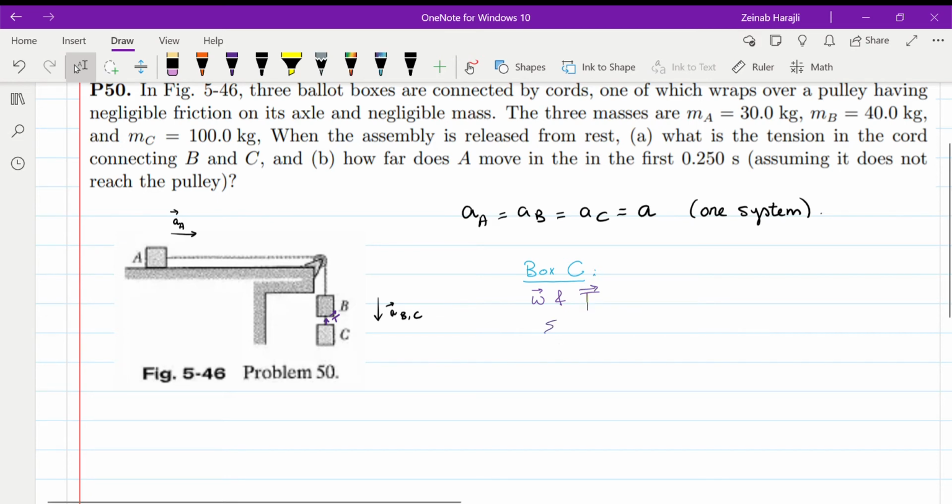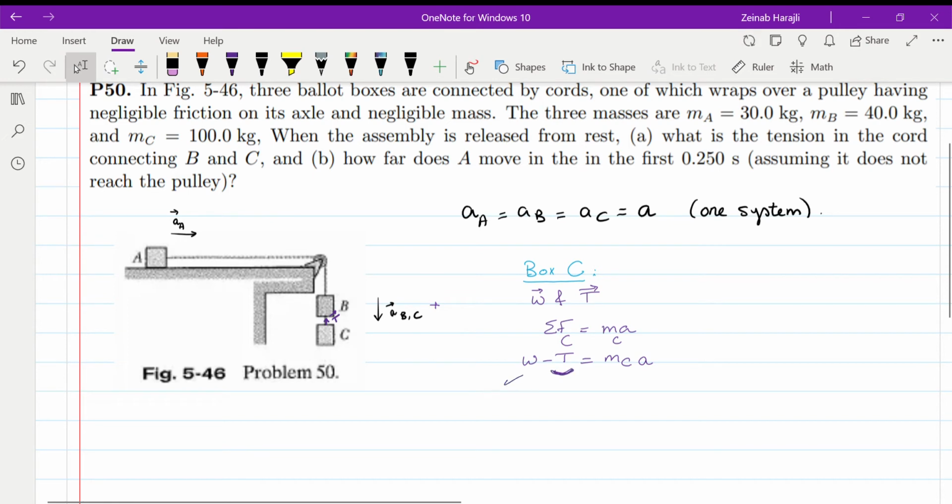Now, if we apply Newton's second law, taking the direction of motion to be the positive direction, then the weight will be positive, the tension will be negative, and the acceleration is positive. We will get this equation. Now, this is what we want.